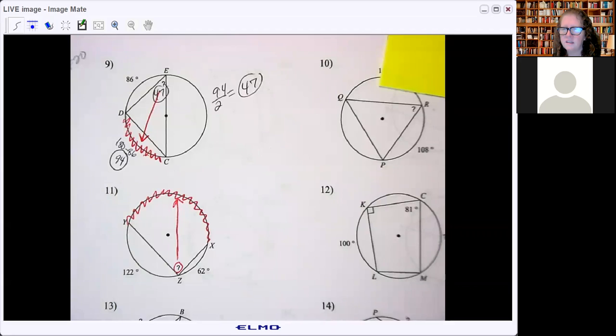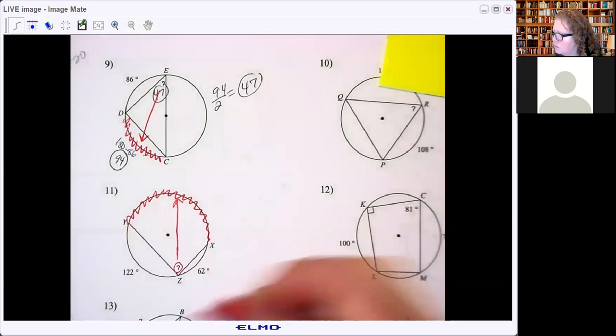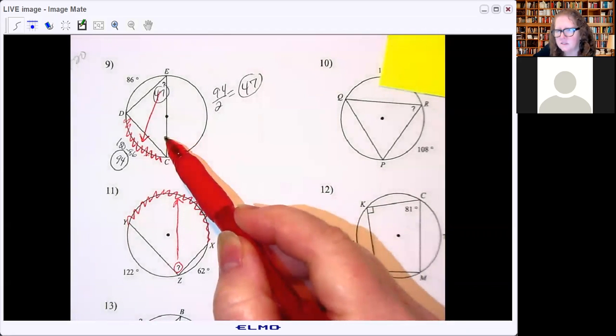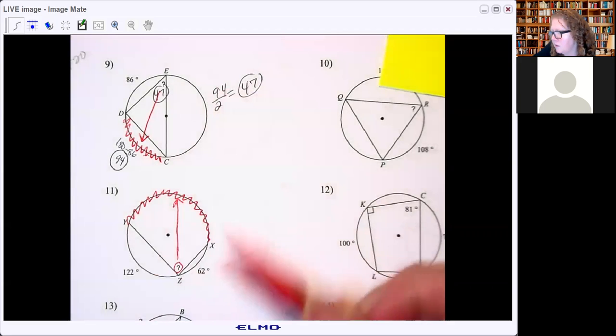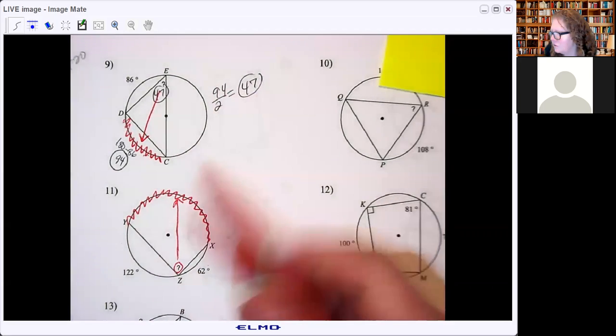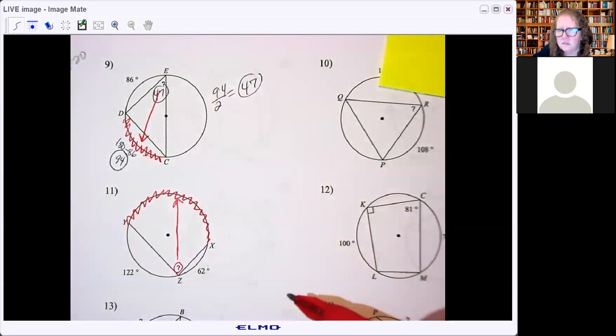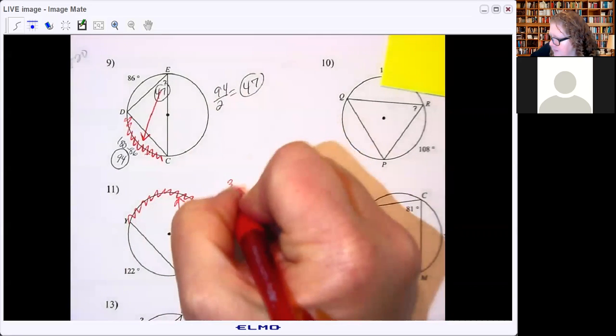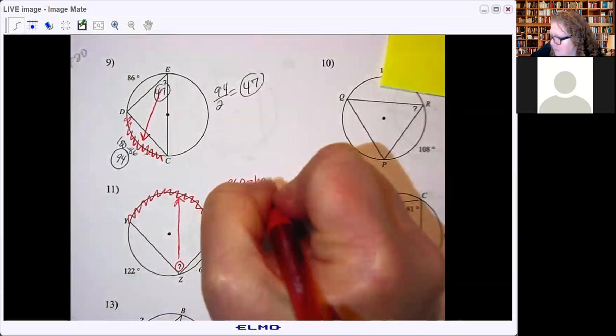I appreciate the honesty of the I'm not sure. Okay, so what do we know? If you said, I'm not sure, you have to think about it: it doesn't go through the center like this one, so I know that it's not a half. But I do know I have the whole circle and I have 2 out of the 3 of my arcs. So in order to find this, we can take the 360 and subtract what we have.